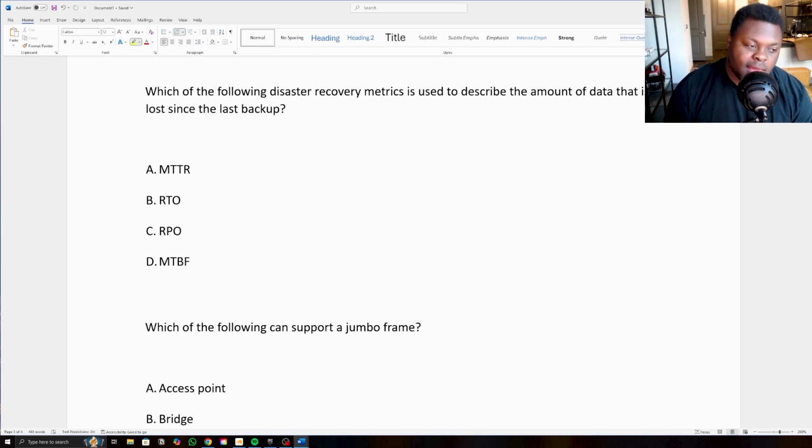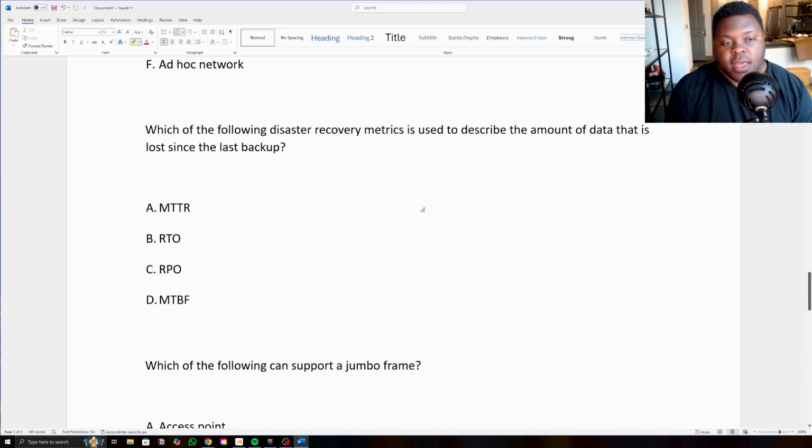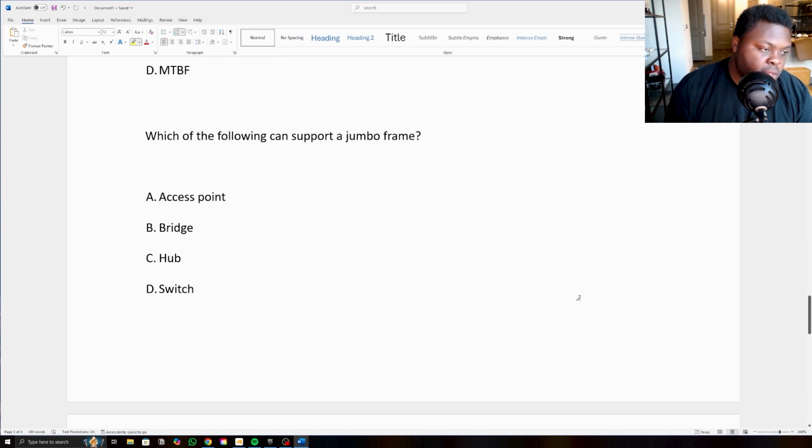It's the estimated time that a company gives a system or a piece of equipment before they expect it to break again. And so the only one of these answer choices that even mentions data is going to be RPO, which is our recovery point objective. That's a pretty easy one.